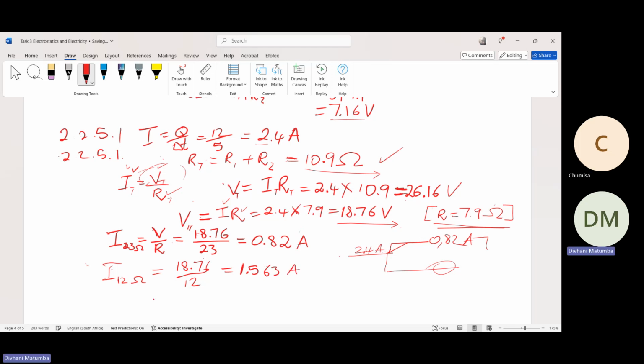But look, if you have 2.4 amperes of current flowing, and one branch takes 0.82, it means the other one will take 2.4 minus what is in the other branch. You agree? Yes, sir.